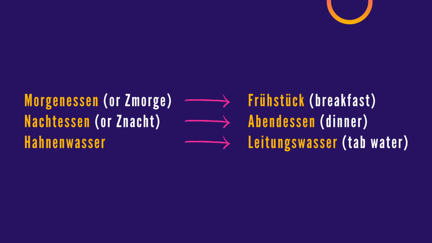Helvetisms. Helvetisms are words which are only used in the Swiss German language and the German language doesn't know them. In standard Swiss German, for example, we say Morgen essen, while Germans say Frühstück. Nachtessen, Abendessen. Hahnenwasser, Leitungswasser.